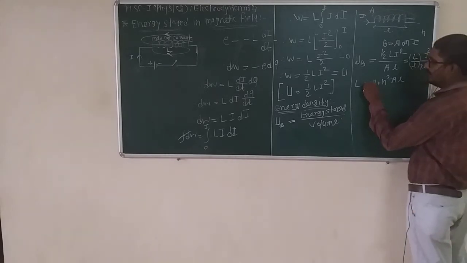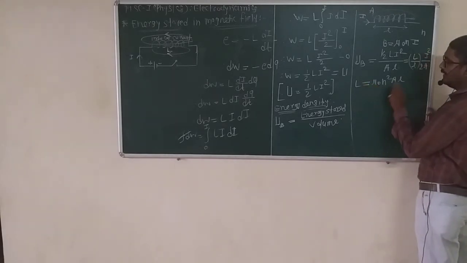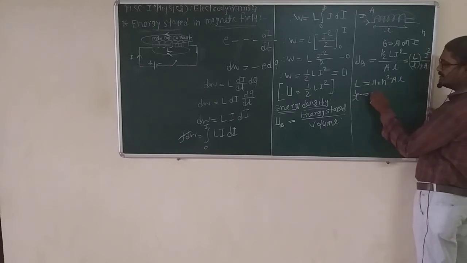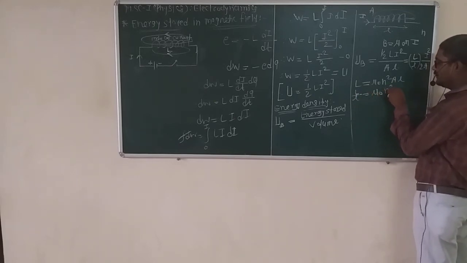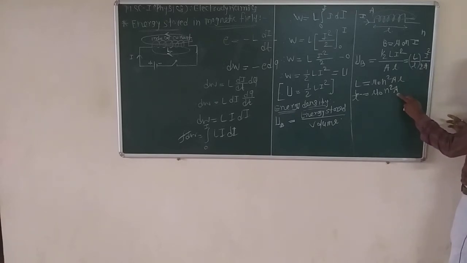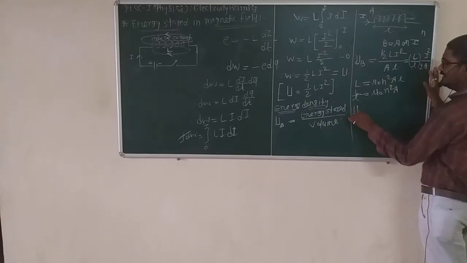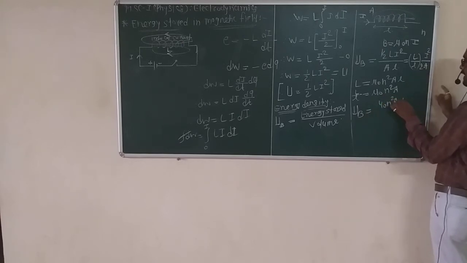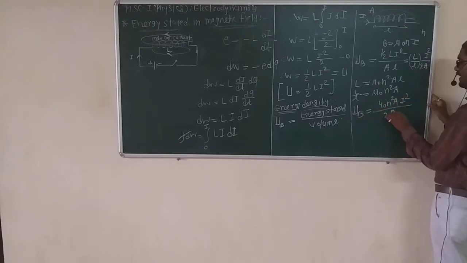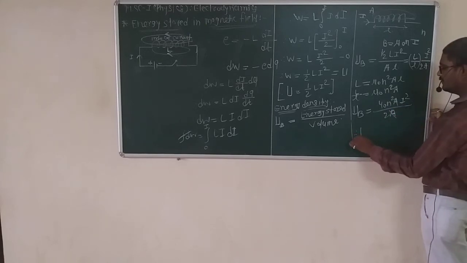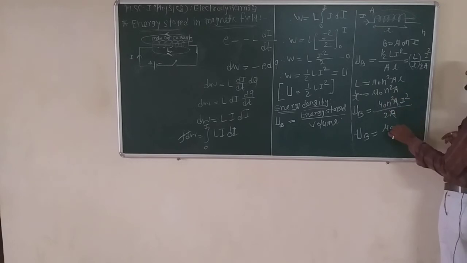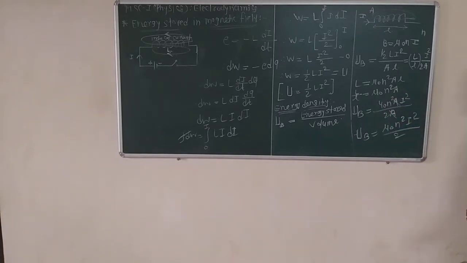The inductance L is mu naught N square A l, so L upon l is mu naught N square A. Putting this value in the equation, UB is equal to mu naught N square A times I square divided by 2A. A gets cancelled, and the remaining term is UB equal to mu naught N square I square divided by 2.